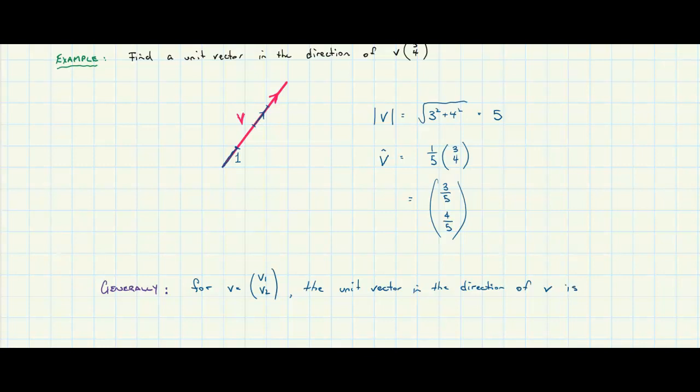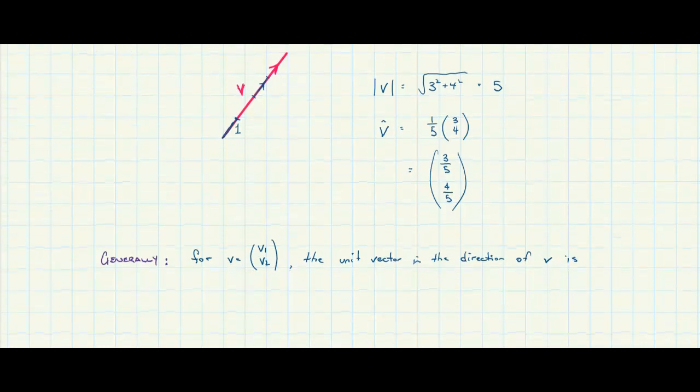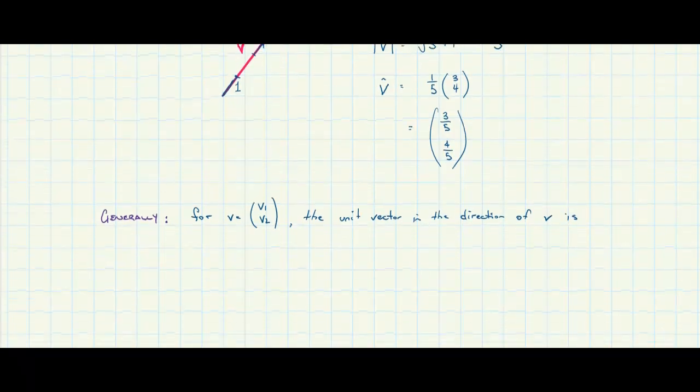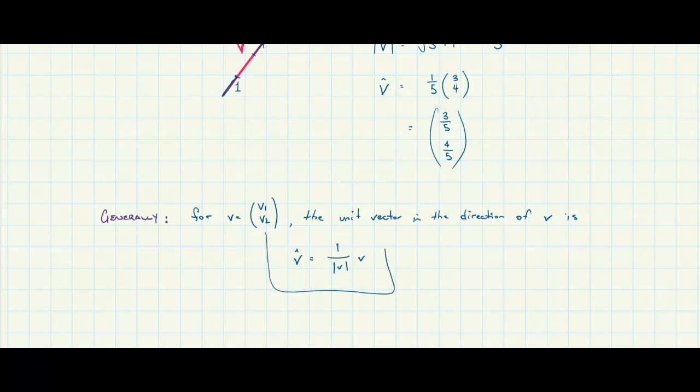We want 1 over the magnitude, don't we? So the unit vector v will be equal to 1 over the magnitude of v times v itself. Now you can write v itself as v1, v2, and you can get the magnitude. It would have a pretty ugly old formula actually, but that is certainly amply sufficient for our generalizations at the moment.